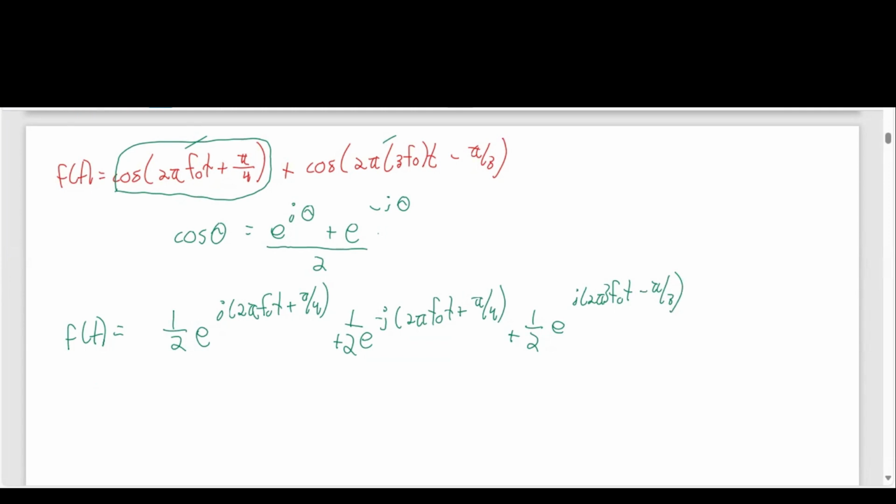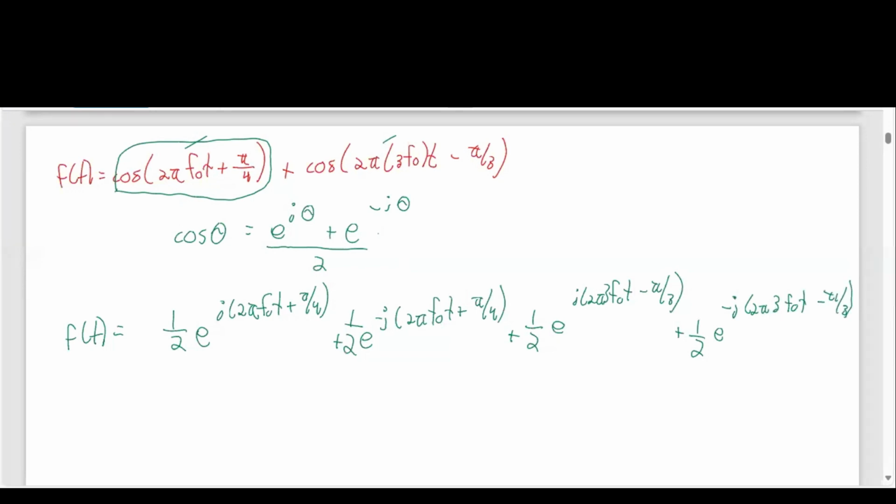This is supposed to be the plus. So we do it, rinsing this onto this here. Then it'll be plus a half e to the minus j 2 pi 3f naught t minus pi on 3.